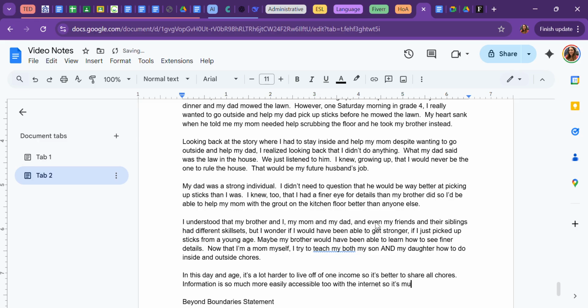So it's much easier to learn a new skill and share that experience with others, so there aren't other little girls who feel ashamed for wanting to pick up sticks.